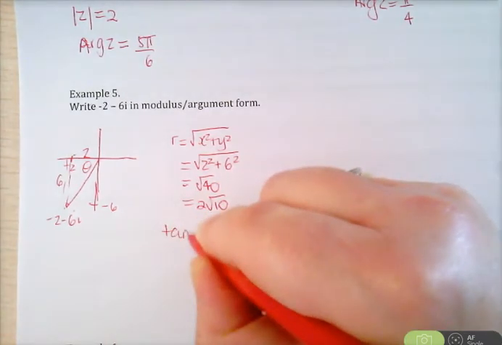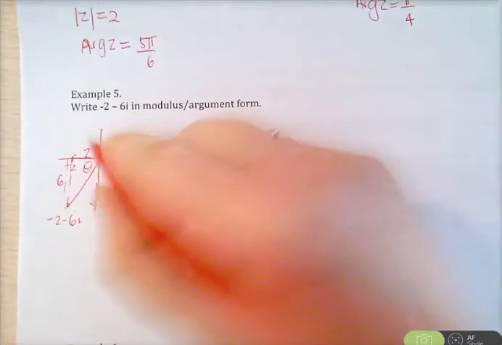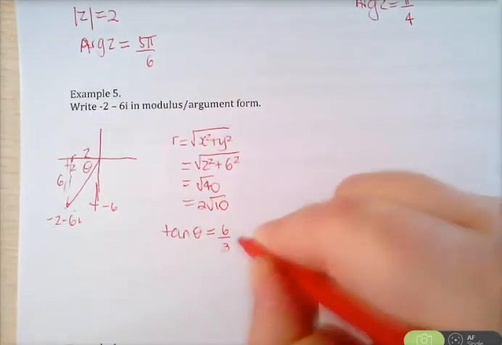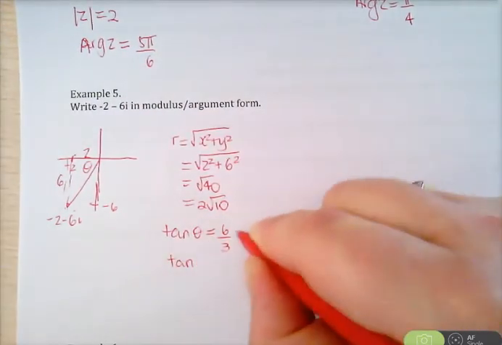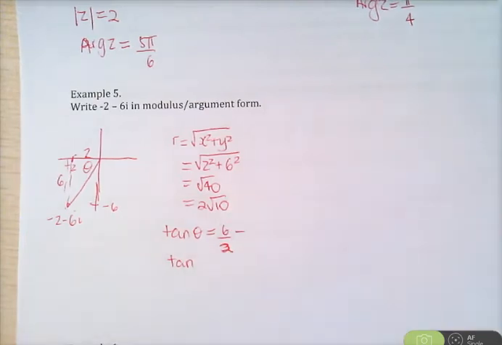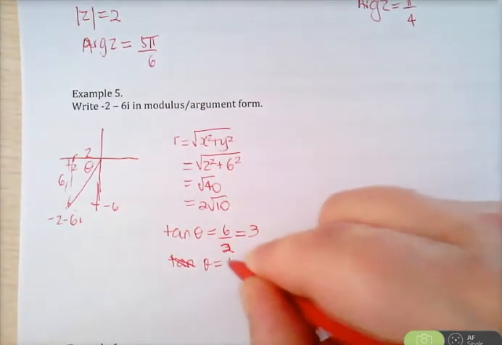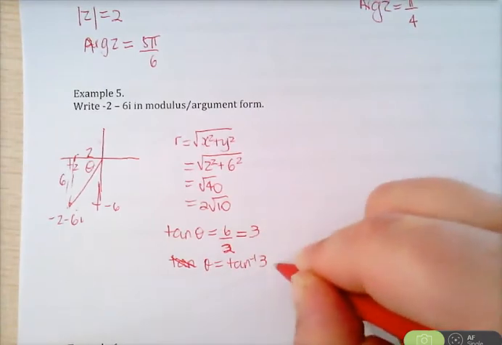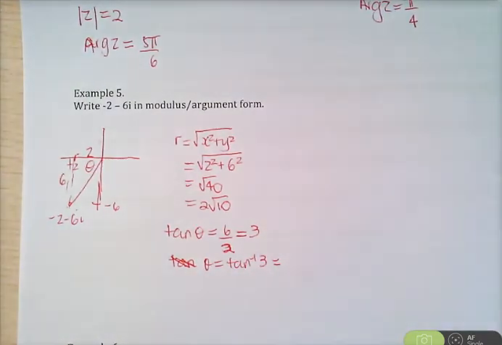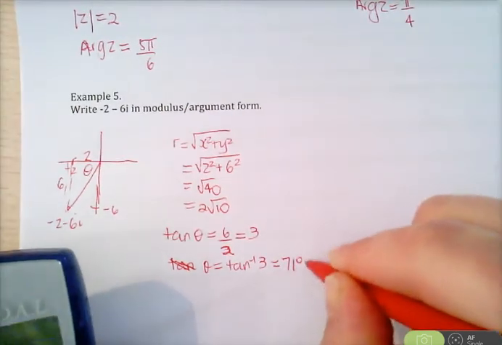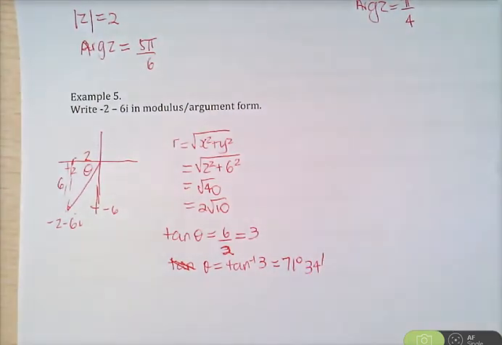And we've got tan theta is opposite over adjacent, 6 on 2, which equals 3. Therefore, theta is tan to the minus 1 of 3. Now, you can leave it like that as an exact value, or you can work it out with your calculator. On the calculator, we get 71 degrees 34 minutes to the closest minute.